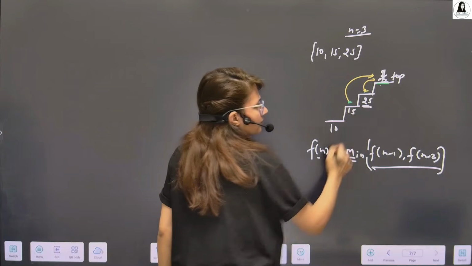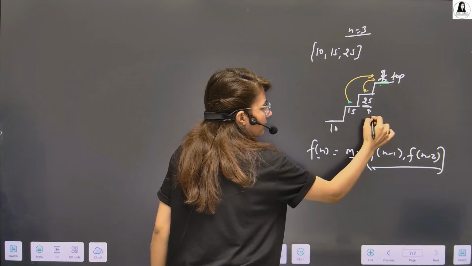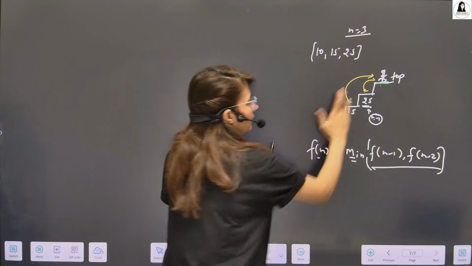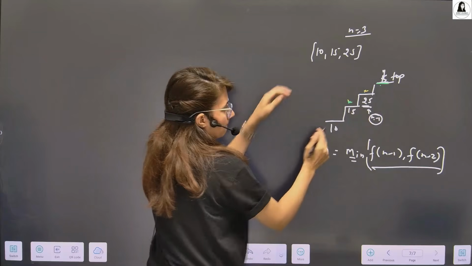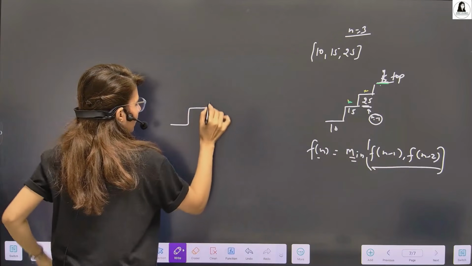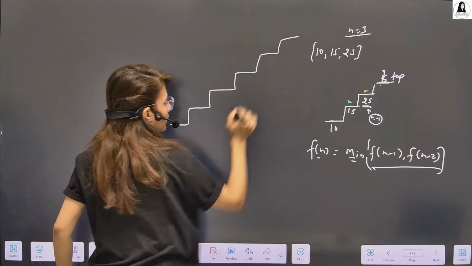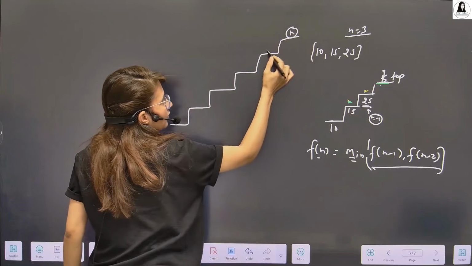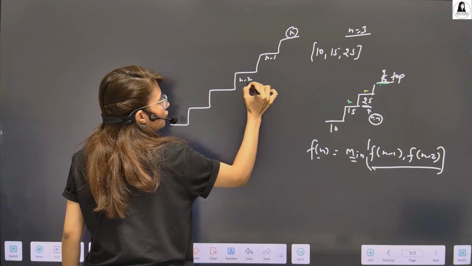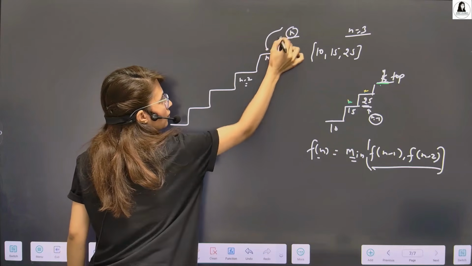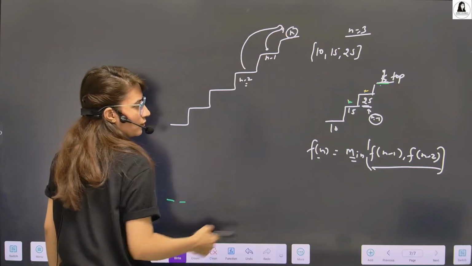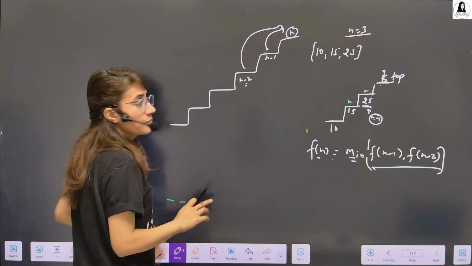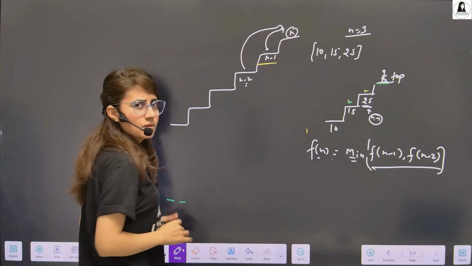What about this thing? If you are here at n minus 1, maybe the steps are something like this. Let's take a bigger example. So that's n, that's n minus 1, that's n minus 2. So either you have reached from here by taking one step or two steps. Okay, fine. So we take minimum of these two. But what about this?